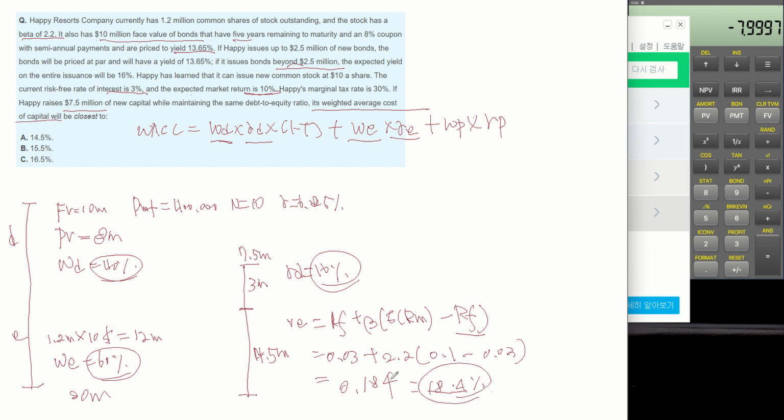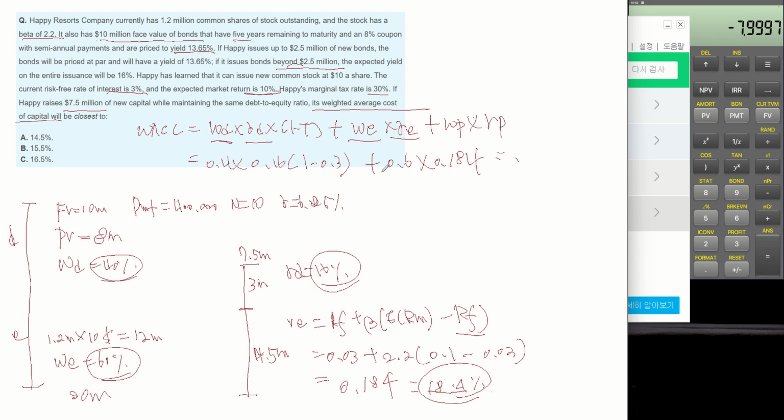Now we know the weight of debt, weight of equity, cost of debt, and cost of equity. So let's plug these numbers into the WACC formula. WACC equals 0.4 multiplied by 0.16 multiplied by 1 minus the tax rate of 30%, plus weight of equity 0.6 multiplied by cost of equity 0.184.